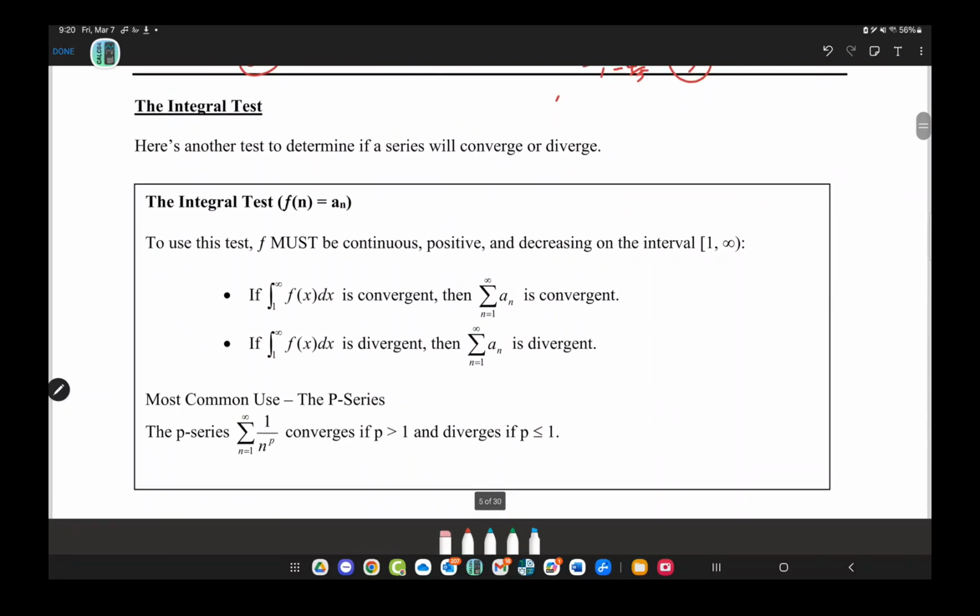We are going to learn today about another test called the integral test. So here's another test to determine if a series is convergent or divergent. The integral test: f of n is equal to a of n. To use this test, f must be continuous, positive, and decreasing on the interval from 1 to infinity. So again, we're going to have a lot of little series that we have to be able to identify.